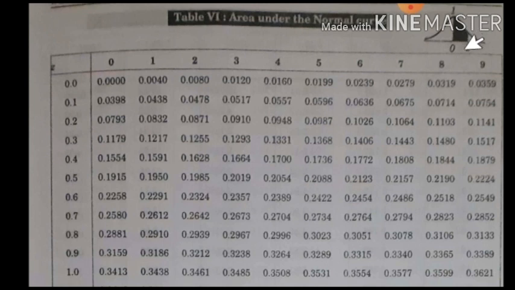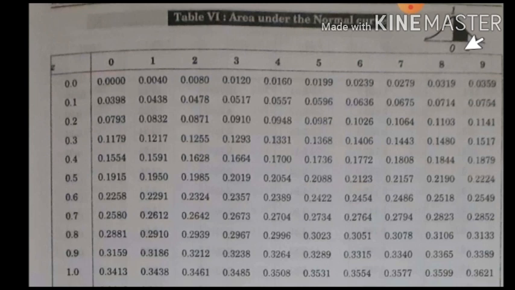Because we could not evaluate the probability of the normal distribution function for the limit a to b. It is very difficult to evaluate that integrand.